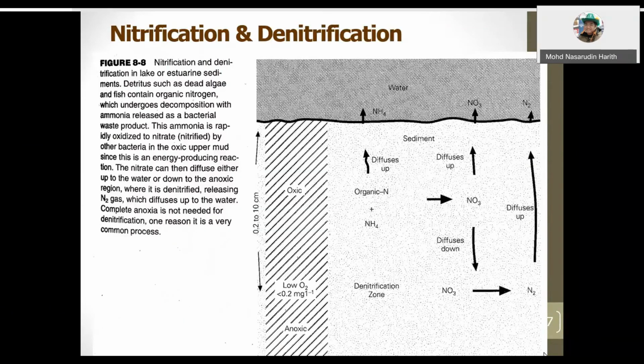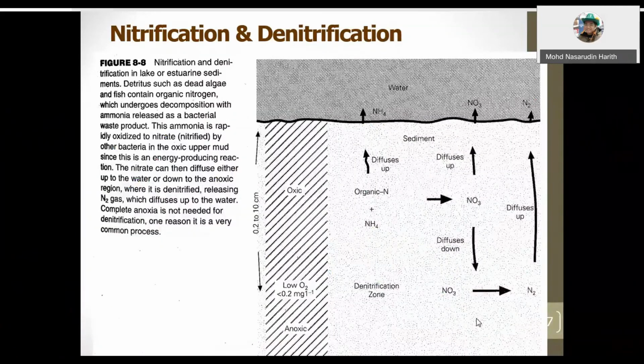This figure shows nitrification and denitrification in lake or estuarine sediments. Detritus, such as dead algae and fish, contains organic nitrogen, which undergoes decomposition with ammonia released as a bacterial waste product. This ammonia is rapidly oxidized to nitrate by other bacteria in the oxic upper mud, since this is an energy producing reaction.